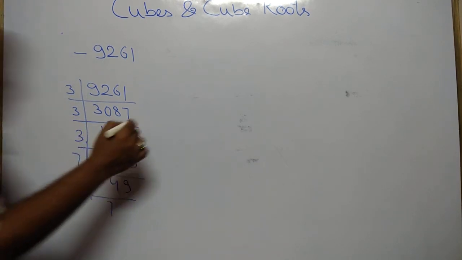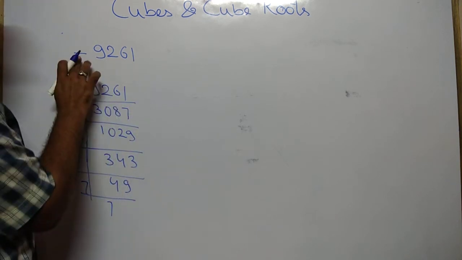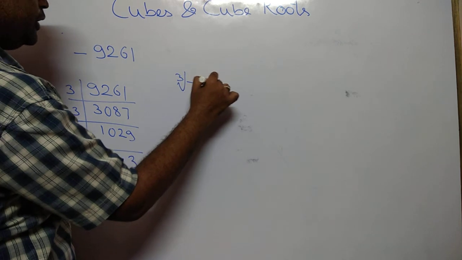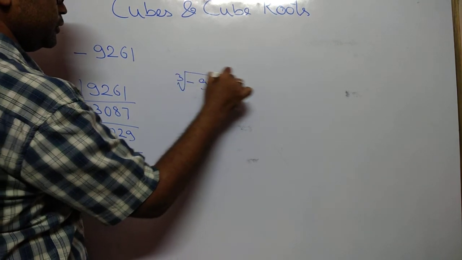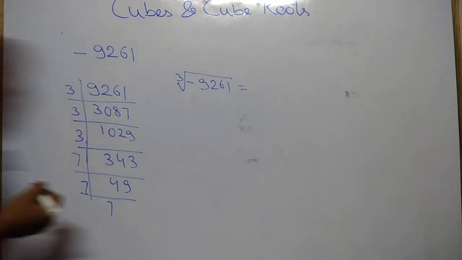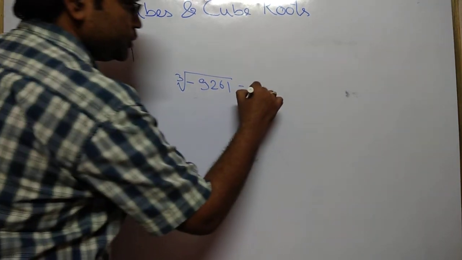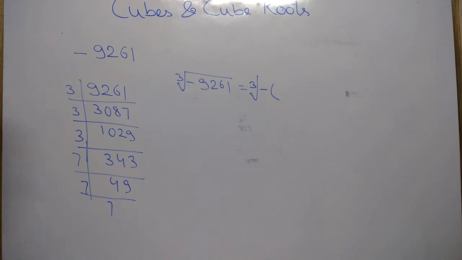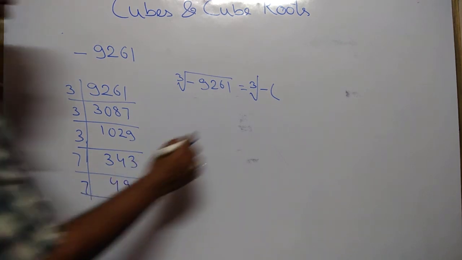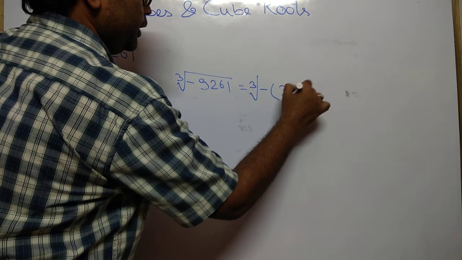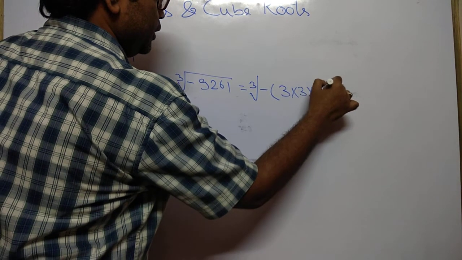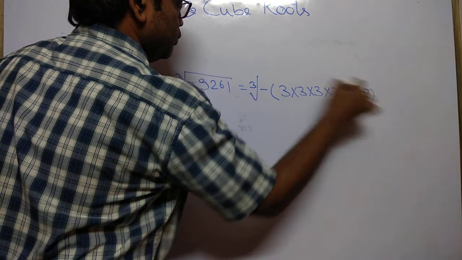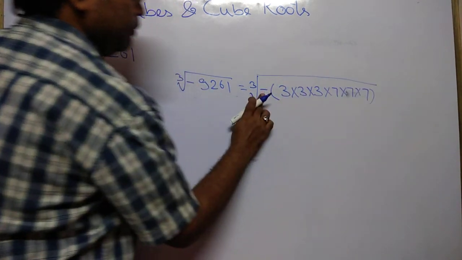So here remember it's 9. We are going to find out the cube root of minus 9261. Clear? We can use the cube root within a bracket, with the minus sign. After that, within the bracket, 9261, we write down its prime factors: 3 into 3 into 3 into 7 into 7 into 7. Close the bracket. Likewise, remember this thing, the minus sign.